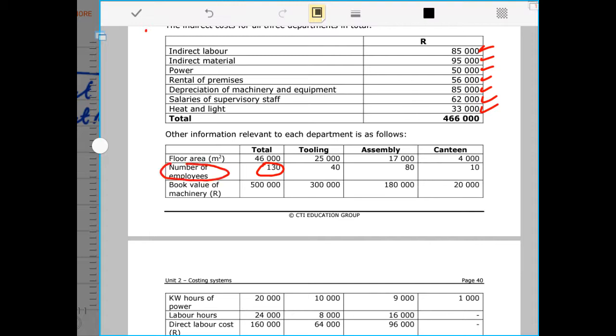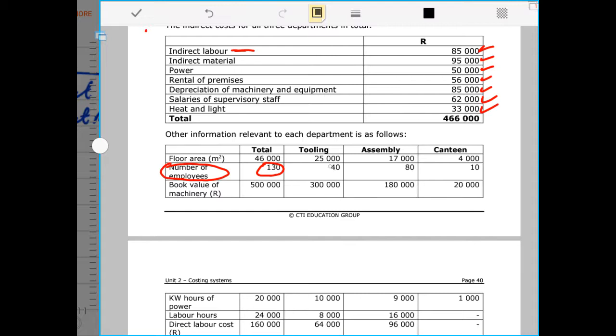Remember, these are the indirect labors. The more indirect labors we have, the more cost will be incurred in terms of indirect labor cost. That is why for the indirect labor cost, we are using the number of employees that we have.